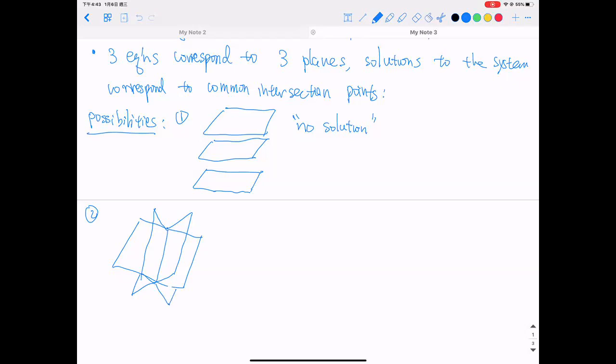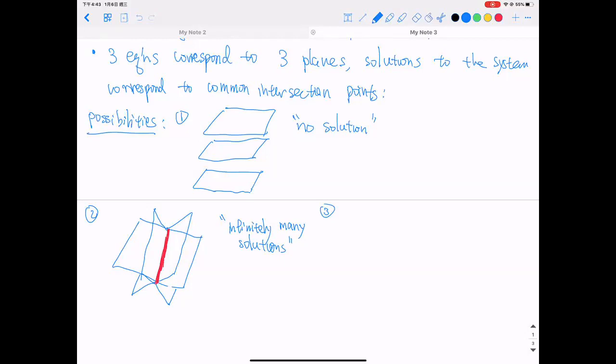So that will be maybe something like this. And there is a common line of intersection here. And this is a line, so it's got infinitely many points. Therefore, you have infinitely many solutions.